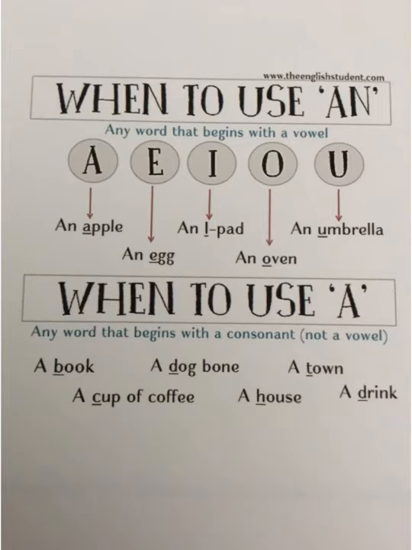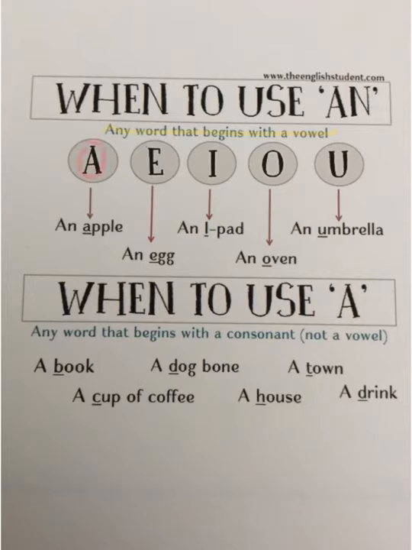Today we're talking about when to use an, and when to use a, in a sentence. So we have two clues here on this sheet. Our first clue is any word that begins with a vowel, and it reminds us what the vowels are.